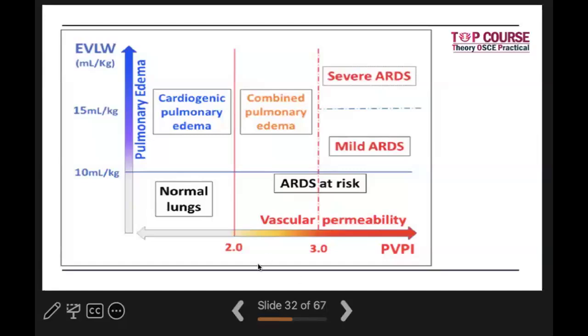So whenever a patient has a value of more than 2 to 3, there is a risk of non-cardiogenic pulmonary edema if the PVPI is more than 3. The normal value is between 1 to 2. So extravascular lung water helps us to detect cardiogenic pulmonary edema, and the pulmonary vascular permeability index helps us to understand whether there are any non-cardiogenic causes for the pulmonary edema, through the permeability across the pulmonary vasculature.